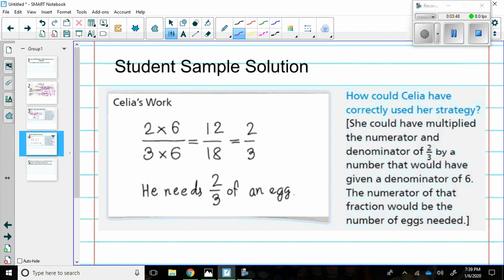Another way is going to be Cecilia's work. Cecilia did it a little bit different than me. I would suggest they are creating an equivalent fraction.